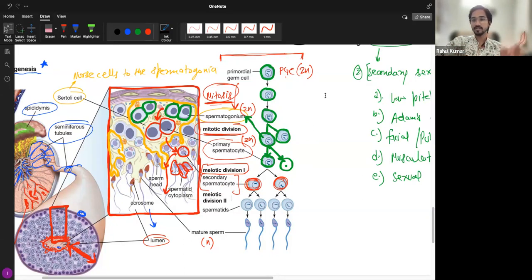Meiosis 2 is just like mitosis. It is equational. So it is meiosis 1 where the reduction happens, and meiosis 2 is just like mitosis, only with half the number of genome sets.